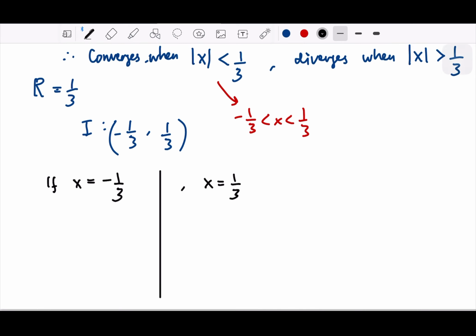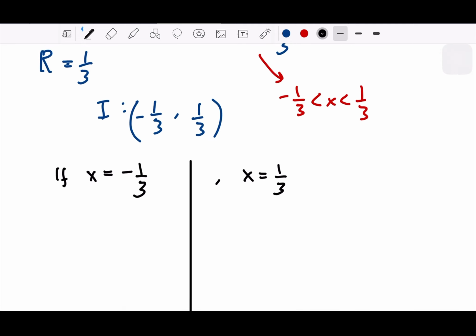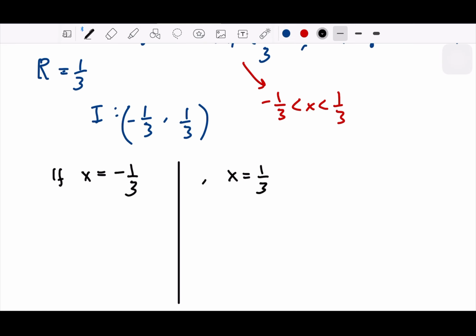So let's check one by one. So the first one, if x is negative 1 over 3, this will be negative 1 over 3 to the power of n, and then this will be over the square root of n plus 1.